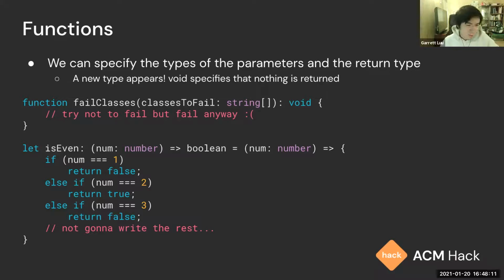And then there's another function, isEven. So this is the most efficient way of doing isEven, obviously. You notice this syntax is kind of weird. So we let isEven, colon, and then we define the type of the function here. This is using arrow notation. We define, okay, this is a function that takes in a number and it returns a Boolean.